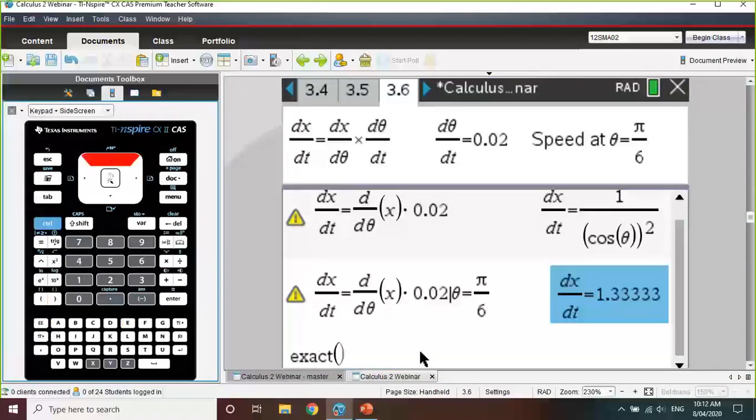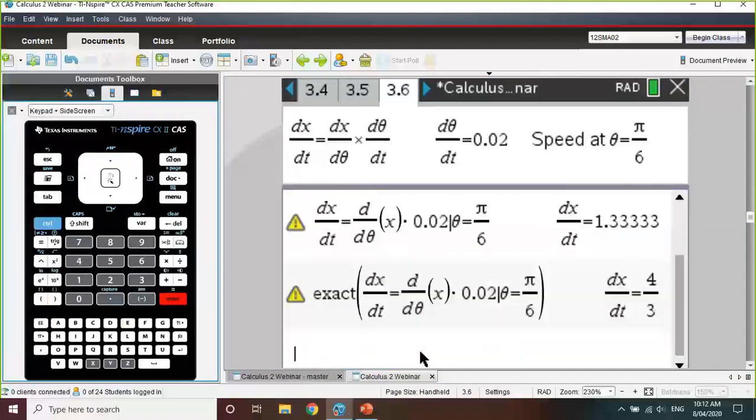Then we can highlight our previous work and it'll force it as an exact value of 4 over 3. The reason why that's occurred is that if we have a decimal input, like before, when I'm multiplying by 0.02, the output will appear as a decimal. Whereas if I converted that into a fraction, I'd have a fractional output. But in order to force a fractional output, we can put the exact at the beginning. That'll make it an exact value answer.